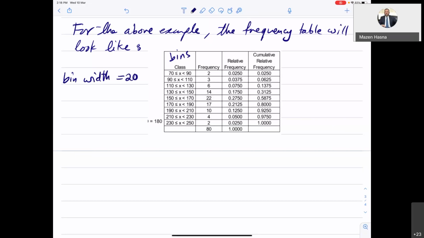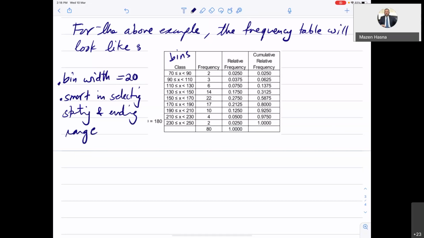And of course, you have to be smart in selecting the starting and ending range. So we know from the example that the smallest data we have is 76. So it's not good to start your bin at 76. You start at 70 and end. The maximum was 245, so you end at 250.